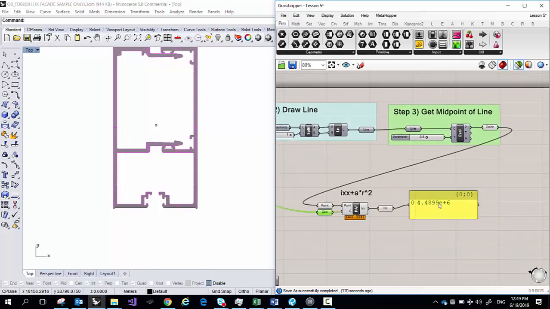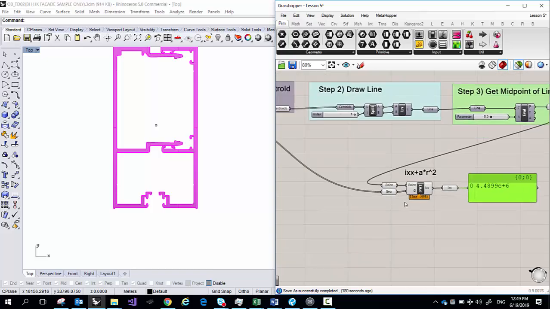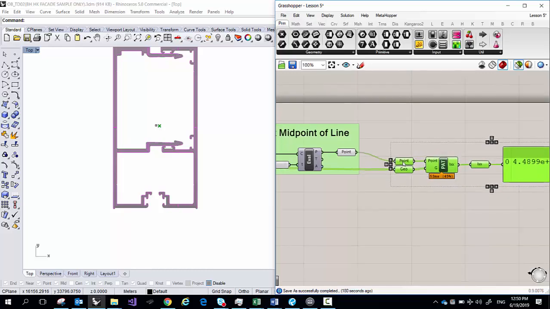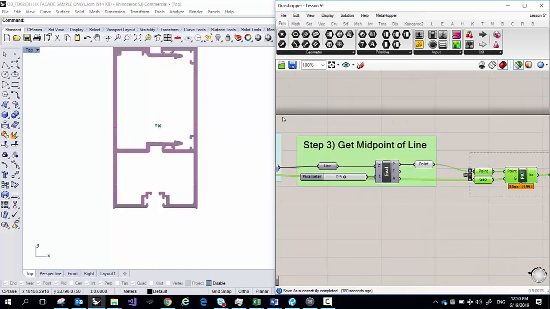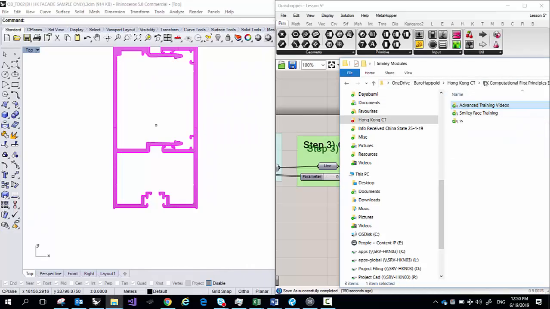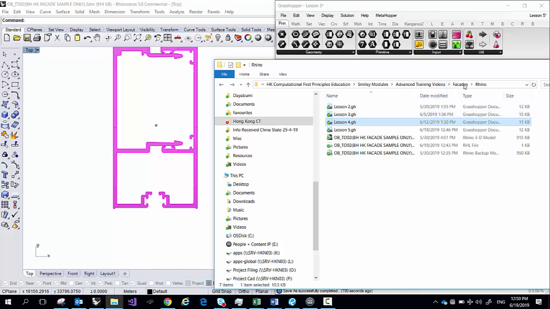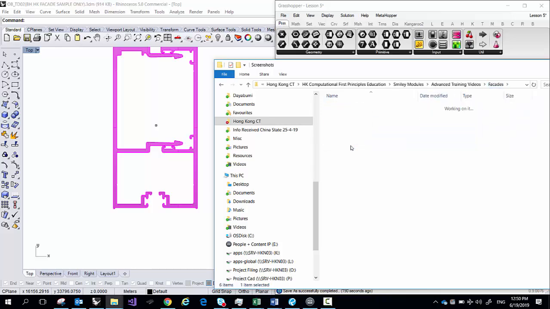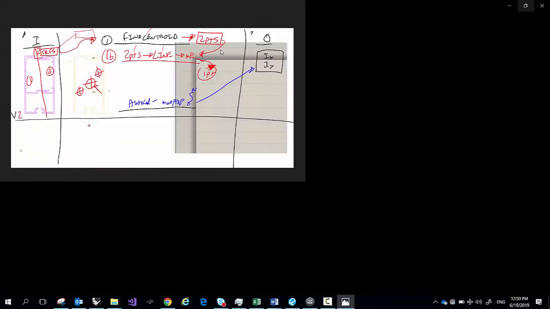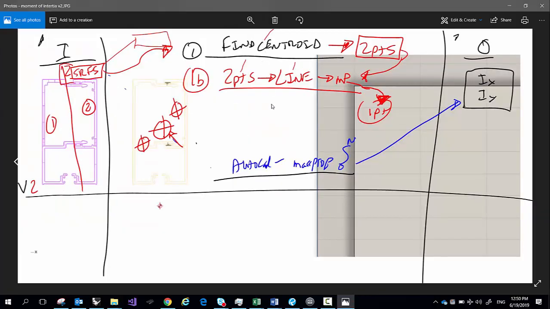global x-axis. So we'll just keep it like that. So we're going to say step 3, going back to our original scripts here, Rhino, go back, Facades. Our very original script, which was find the centroid, get the midpoint, and then get the mass properties.